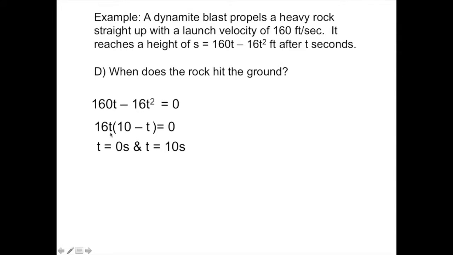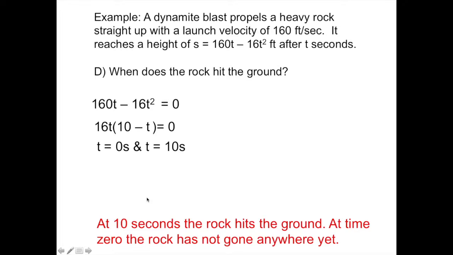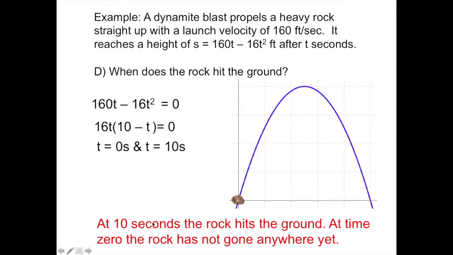We're going to set each equal to 0, and this t is going to be 0, and this t is going to be 10. And so I kind of alluded to the symmetry a little earlier in this example. We know it takes 5 seconds to get to the peak, so it must take 5 seconds to come back down, so it had to have been at 10 seconds until the rock hits the ground. So there's our 5 seconds, and then there's our 10 seconds.